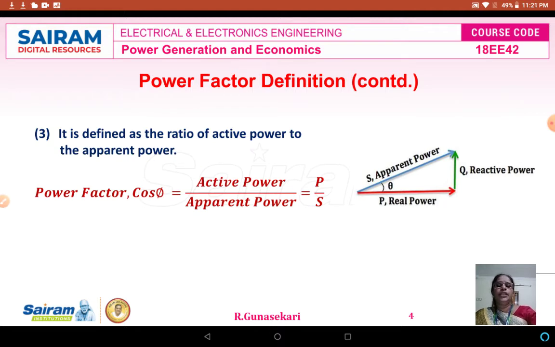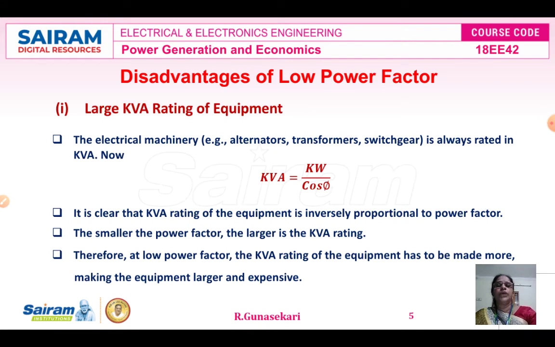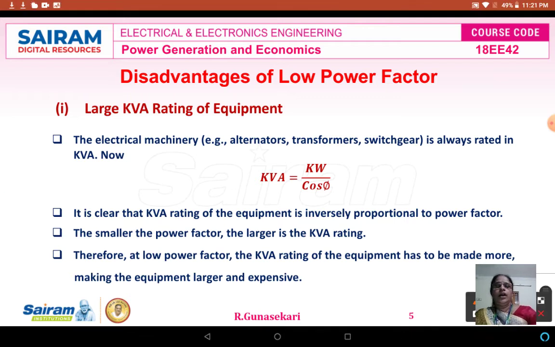Now we studied the disadvantages of low power factor. I already told you the power factor should be maintained between 0.85 and 0.95.